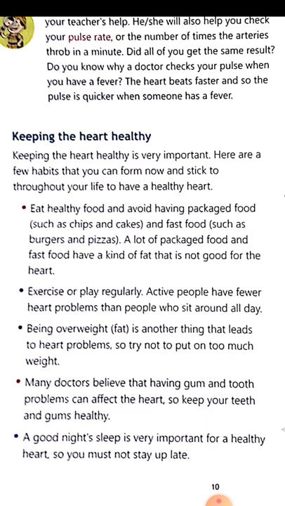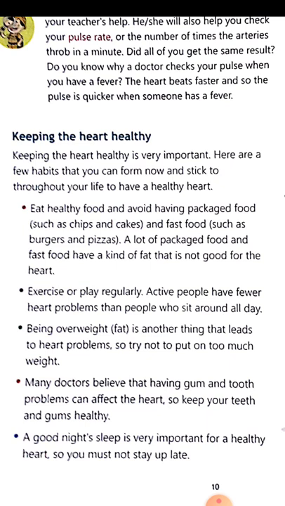Next, exercise or play regularly. Active people have fewer heart problems than people who sit around all day. So exercise is very important, and also play regularly during the day.